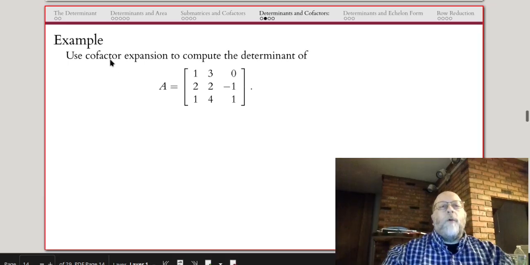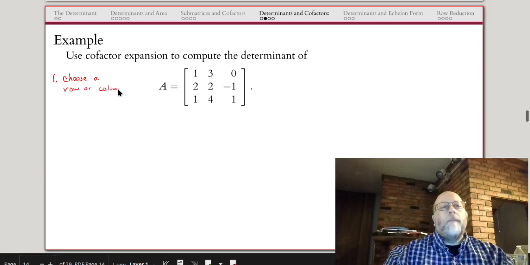So in this example, we want to use cofactor expansion to compute this determinant. In our first step, we choose a row or a column. And I'm going to choose the top row because it has a 0 in it, and 0 will be easy to multiply. So I'm choosing the top row, but I didn't have to.